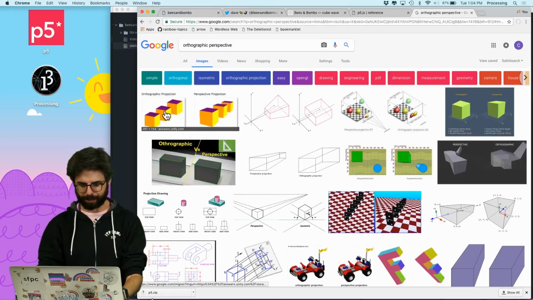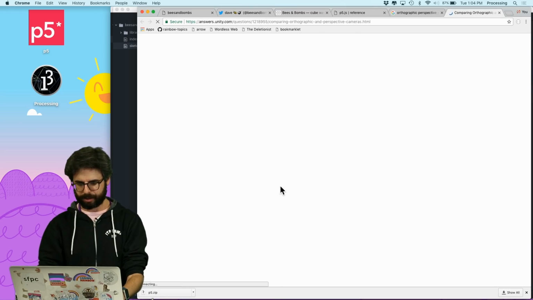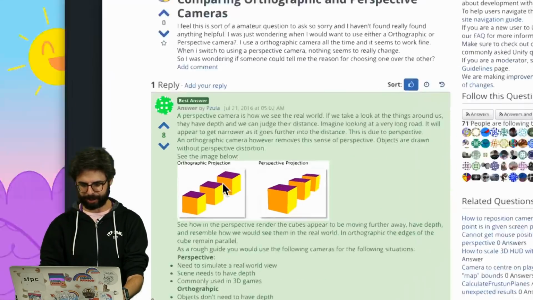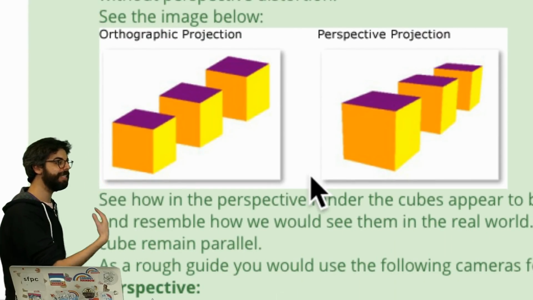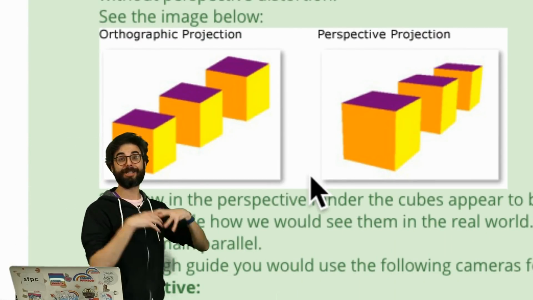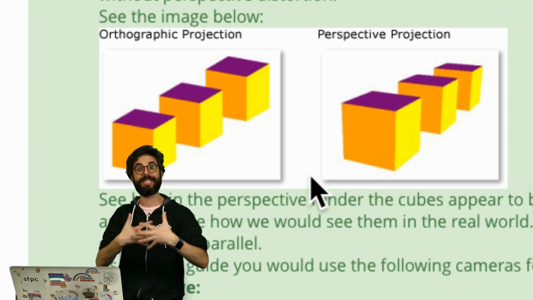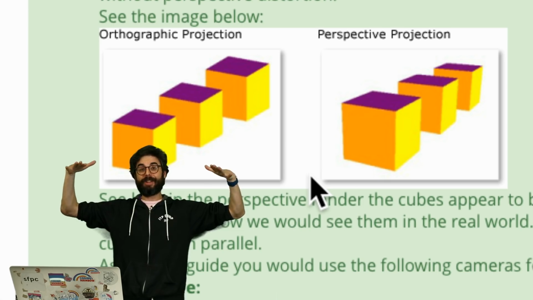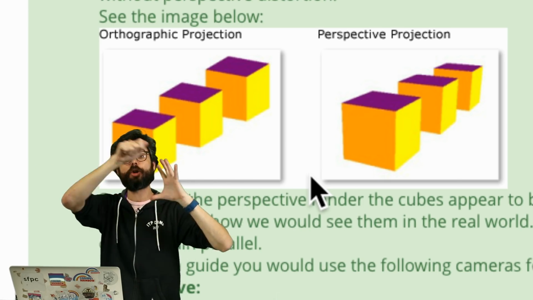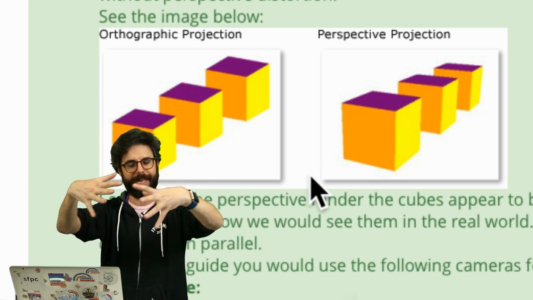So this is perfect. You can see this is a really nice image to demonstrate the difference. Perspective projection has this realistic view of distance, like if you were trying to learn to draw in perspective, how the lines come together to a point.